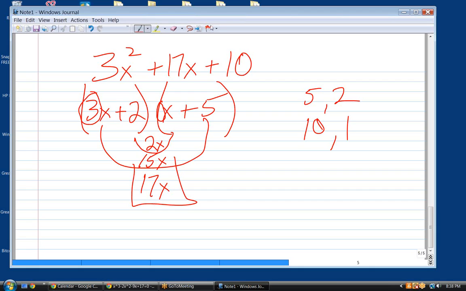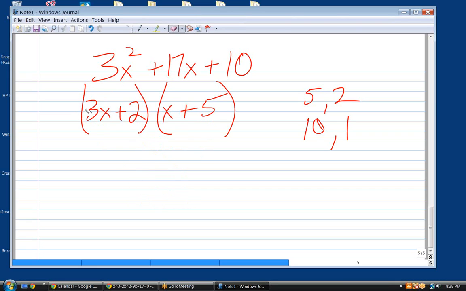Because of that, the only time you can ever use those rules is if it's x times x. In other words, in that situation, you can use some of those rules, that factors of 10 add to 17. But the moment you introduce a coefficient larger than 1 in front of either of these terms, even if it's 3 and 3, I can't say that anymore.